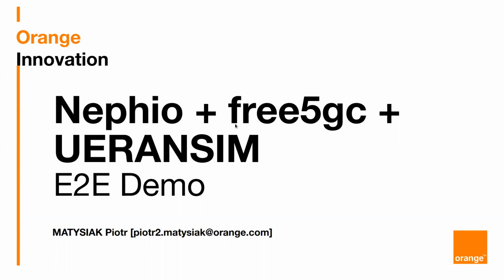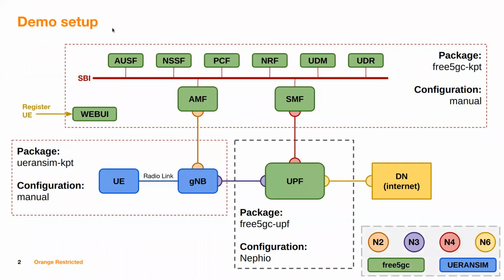So if you can go forward. To be on the same page, I prepared the demo setup to understand what we are trying to achieve and what end-to-end demo means for us. At the start, we used only the kpt free5GC UPF package, and the rest was deployed using the Helm charts.